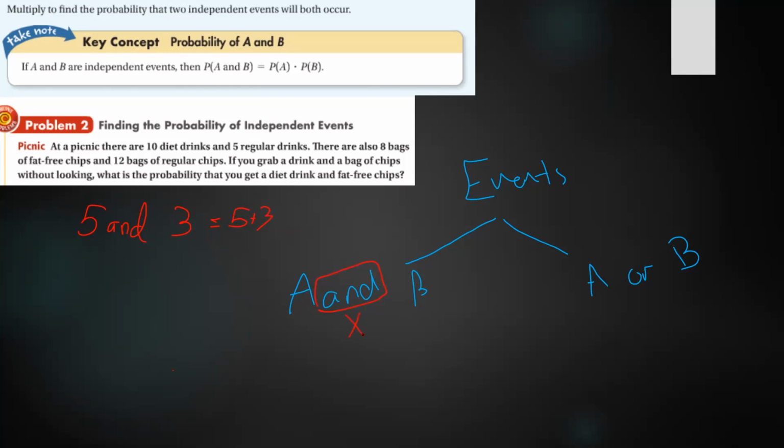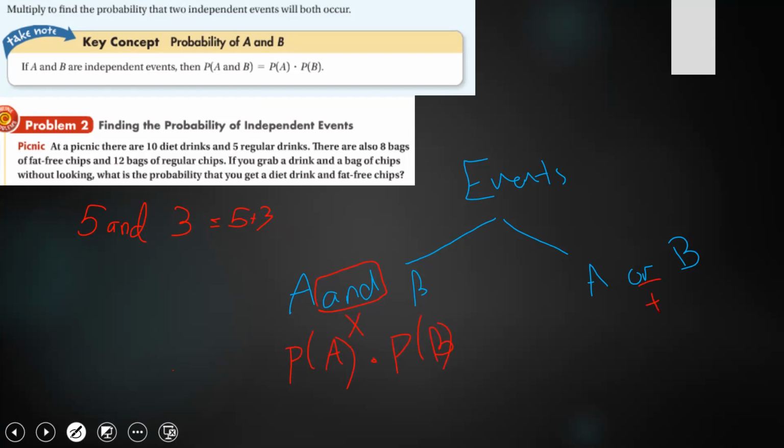A and B means the probability of A times the probability of B. And A or B has another formula, but "or" here means plus.